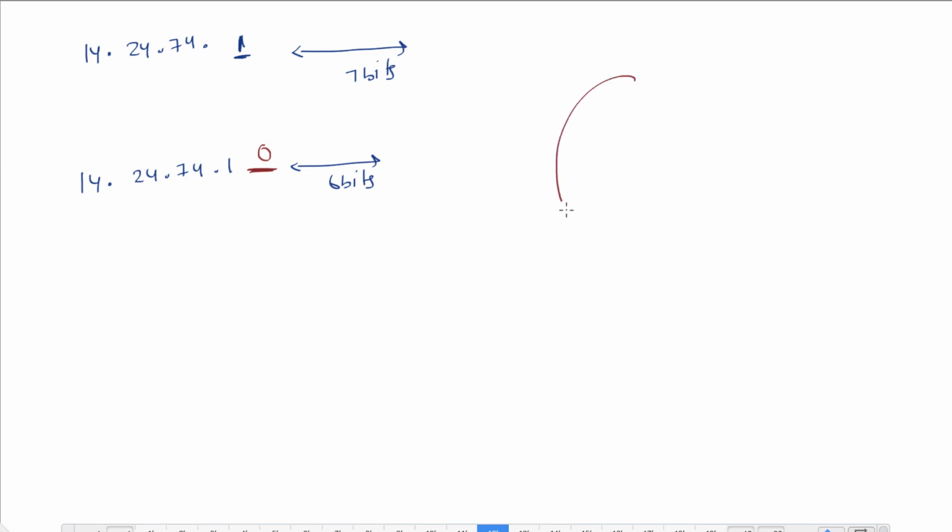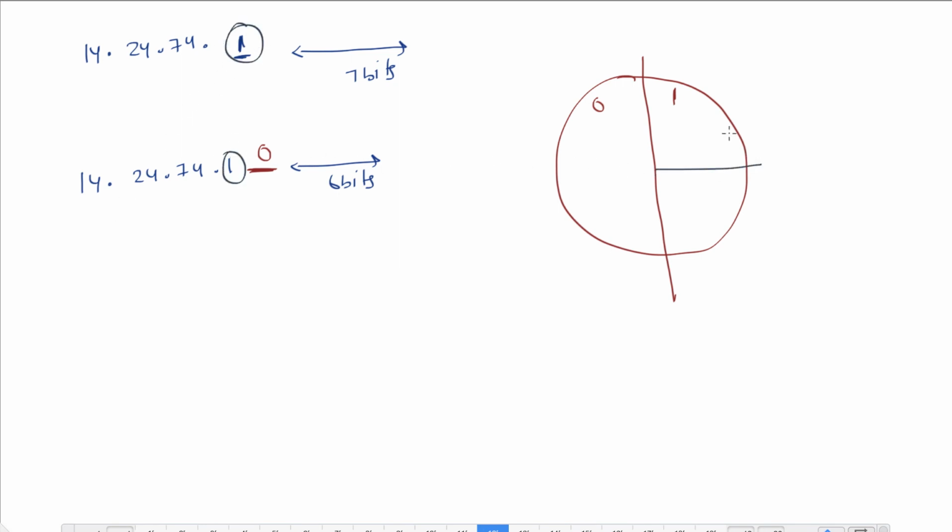See here, you divided this into two subnets, 0 and 1, and then you are dividing the one further into two subnets, which are 10 and 11. So 10 is this, and there will be another subnetwork which has 11, and then these are the 6 bits, right? I hope you got the idea. So this is 10, where it has 6 bits. This is 11, here also you have 6 bits.